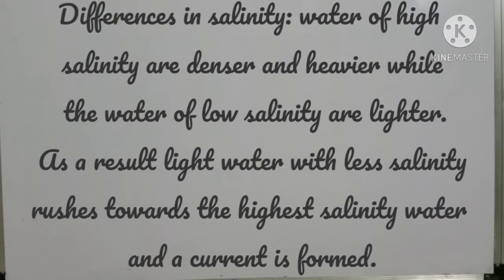Another factor is the difference in salinity. The waters of high salinity are denser and heavier, while the waters of low salinity are lighter. As a result, lighter water with less salinity rushes towards the high salinity water and a current is formed.